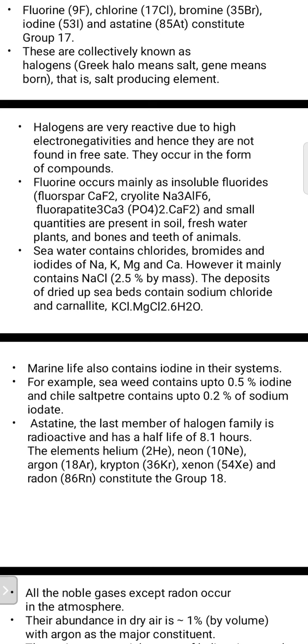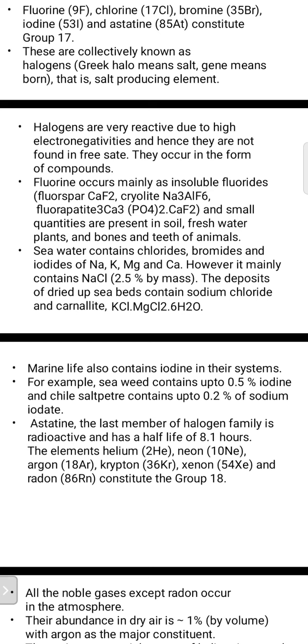For example, seaweed contains about 0.5% iodine, and Chile saltpeter contains about 0.2% sodium iodate. These are salts, but they are observed in marine life. Later on, astatine, the last member of the halogen family, is radioactive and has a half-life of 8.1 hours.